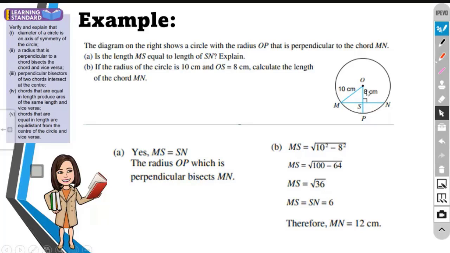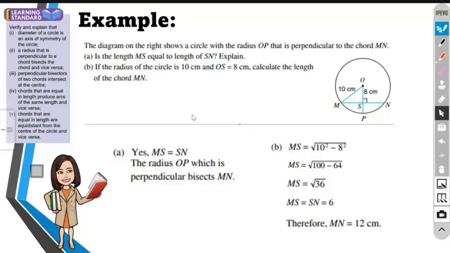Because in some diagrams, the 90 degrees is not mentioned. But you can see this is a radius and this is a chord, so definitely this is 90. Here it is given, but sometimes the diagram does not show it. Then you have to remember all the properties. Even though maybe for today you still cannot remember all of them, hopefully when you keep doing the exercises, you can go through everything.